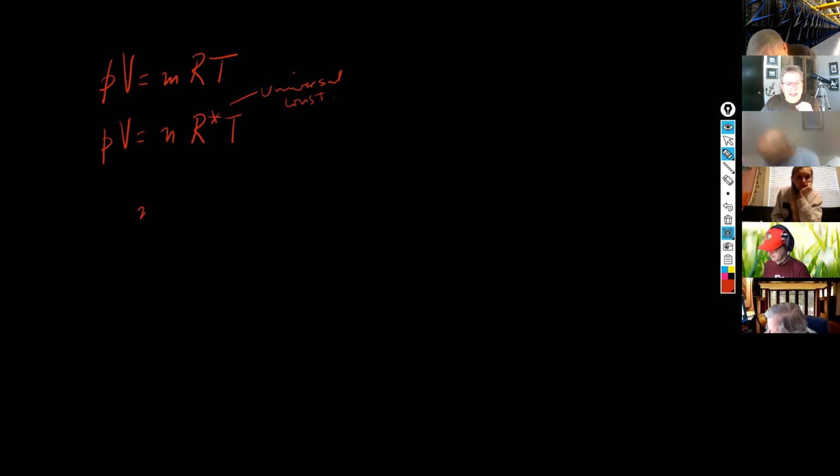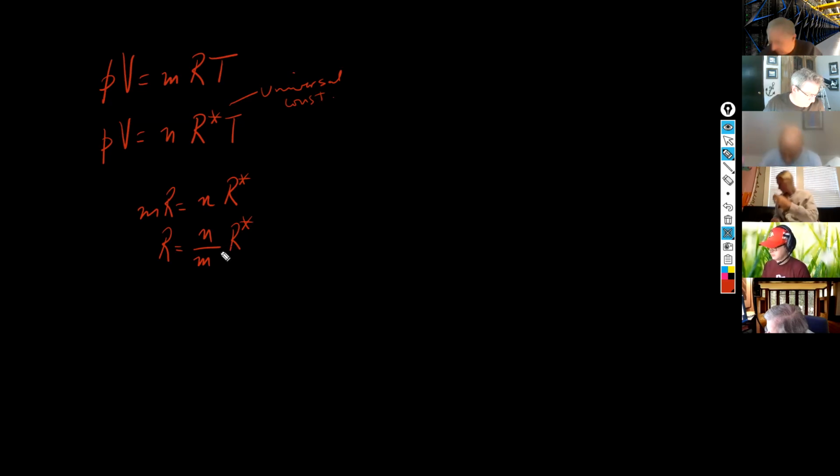So we know that mR is equal to nR*. So R is equal to n over m times R*. What we're saying is that I can use the gas constant if I know the number of molecules divided by the mass, which is like the number of molecules per kilogram. Go to page 65.